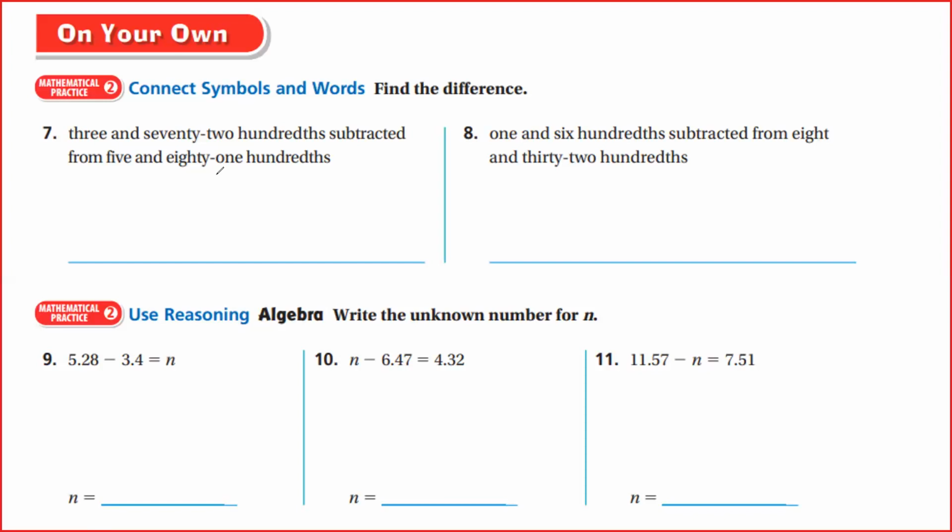Look at this screen. This is the homework we read yesterday. This is page 115. Yes, Lamia. Now it's better. Now here, number 7. 3 and 72 hundredths. How do you write this number? 3.